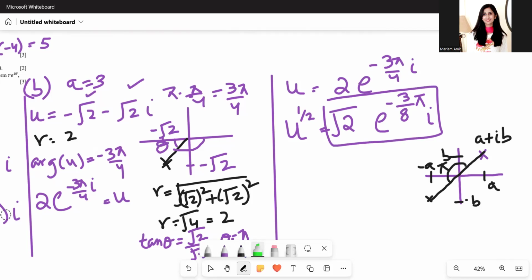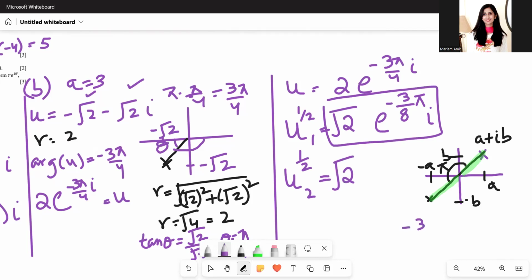And we see that nothing happens to the modulus of these roots. If this is the modulus of the first root, the modulus of the second square root is also going to be the same. So let's call this u^(1/2) number 1, let's call this number 2. The modulus of the other square root stays the same, but the angle gets added with pi.